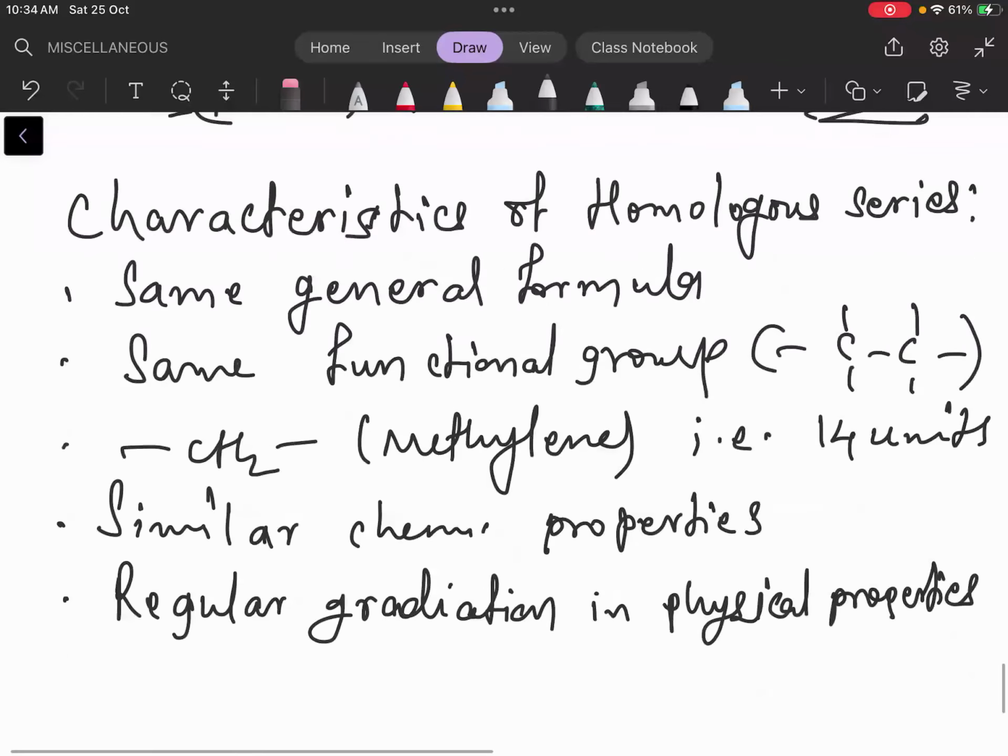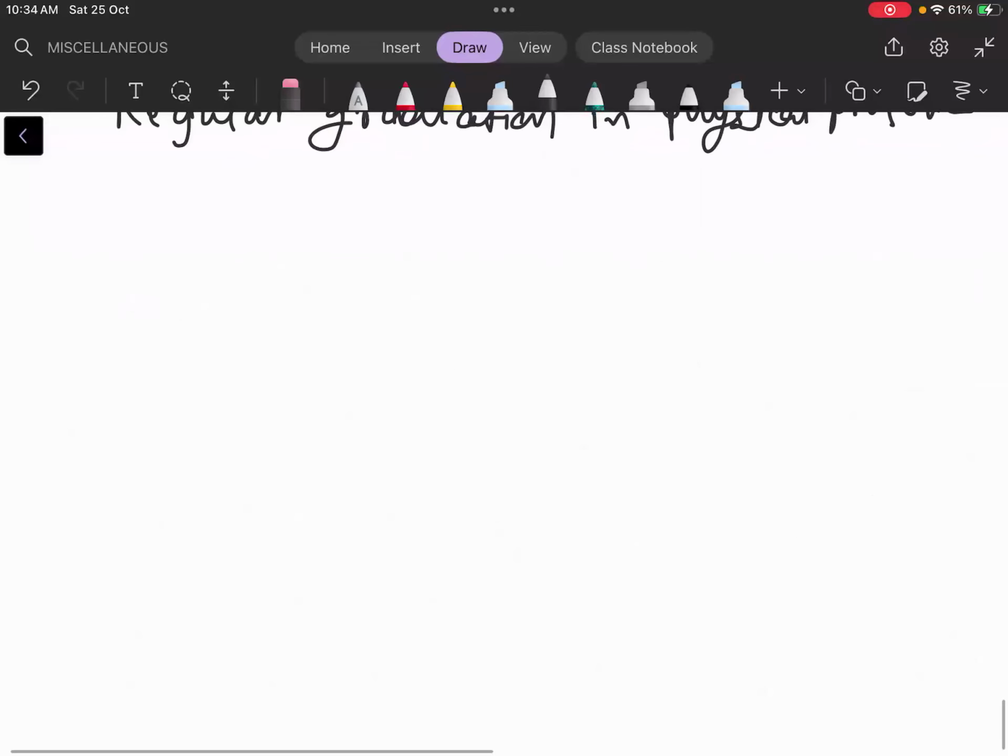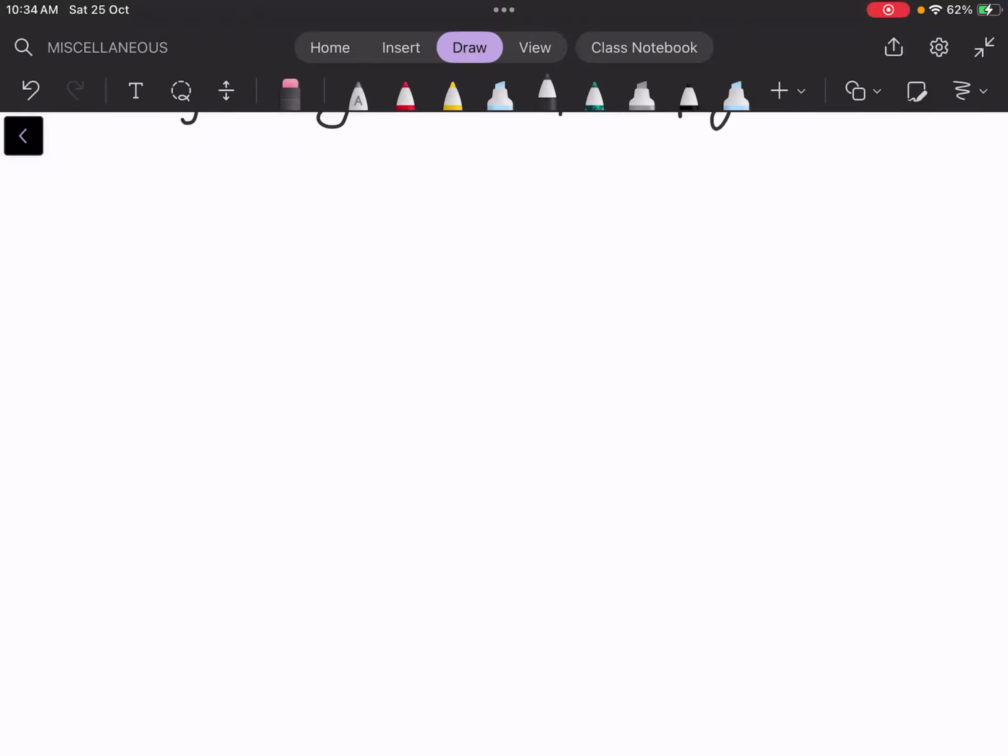Then, well, this is the end of, we can say, chemistry of carbon compounds. That is carbon and its compounds. Then we'll begin with metals and non-metals. Next topic. That is the next chapter, you can say.